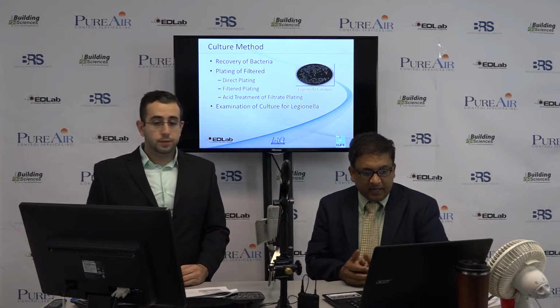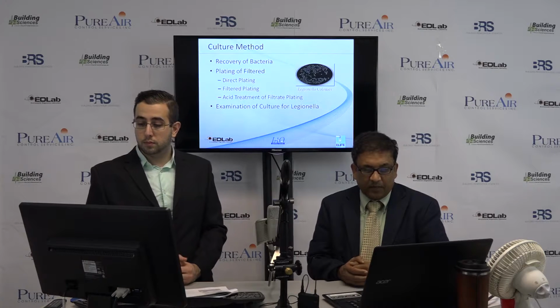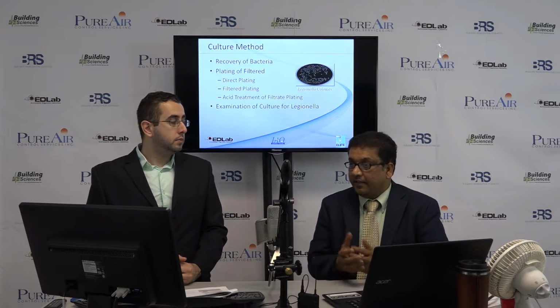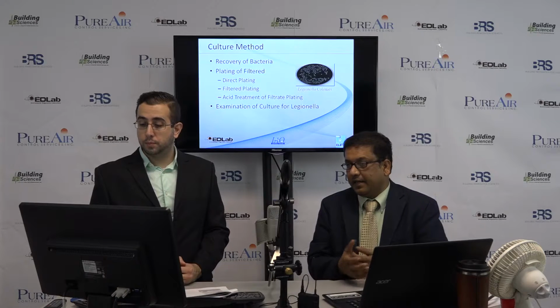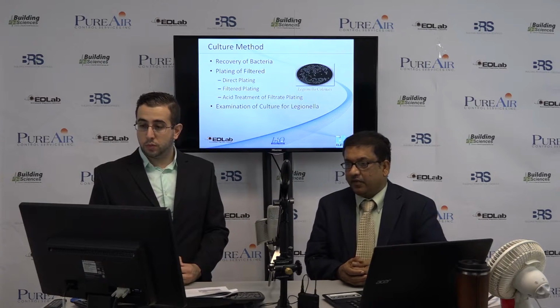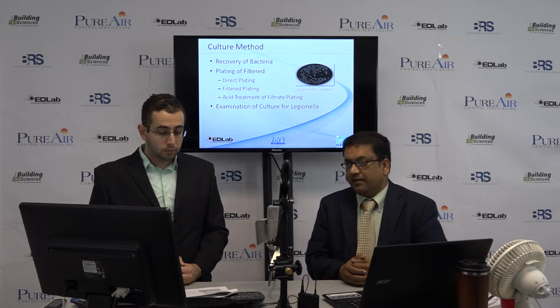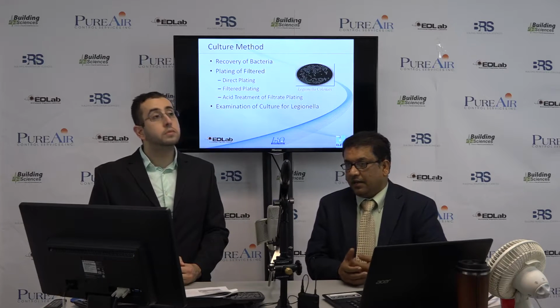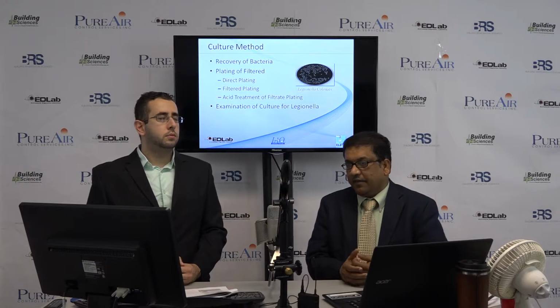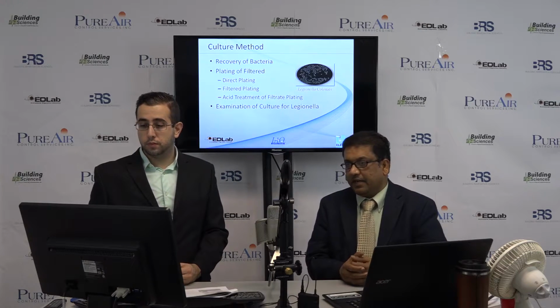Now in the culture method, as I was telling you, on this slide you see literally a culture plate having Legionella colonies on it. In this method also, as I said, the bacteria first need to be recovered. Either we use the filtration method, or there are a couple of other methods, such as enrichment. Sometimes people enrich by centrifugation, and that is plated on the media, and that is how the colony is isolated.